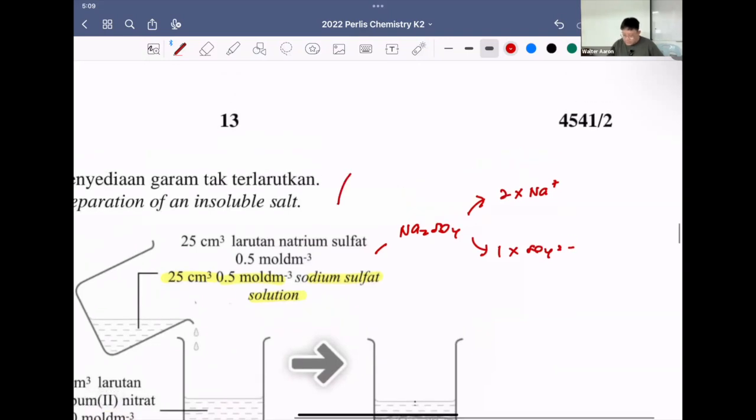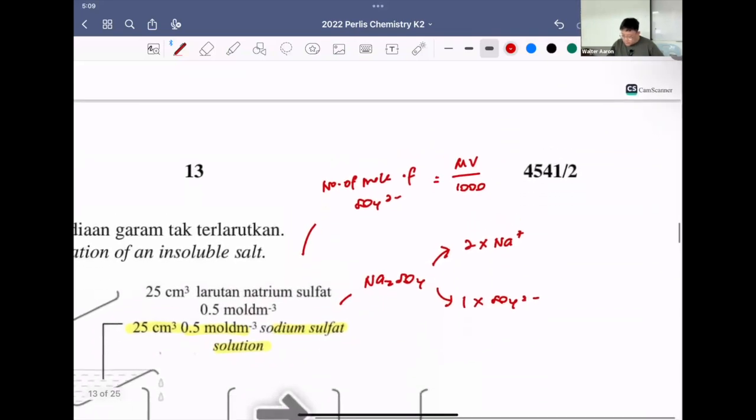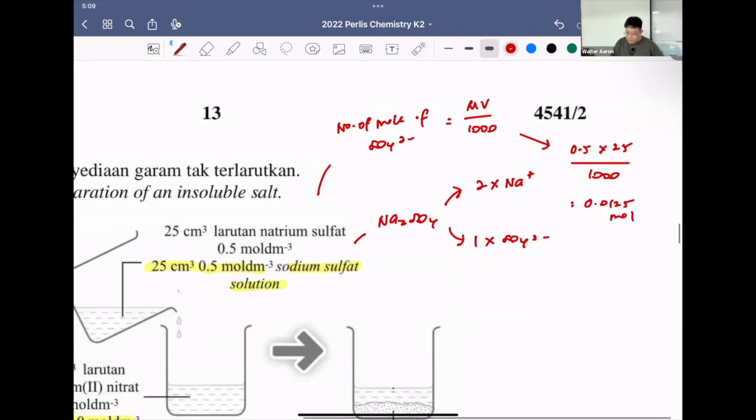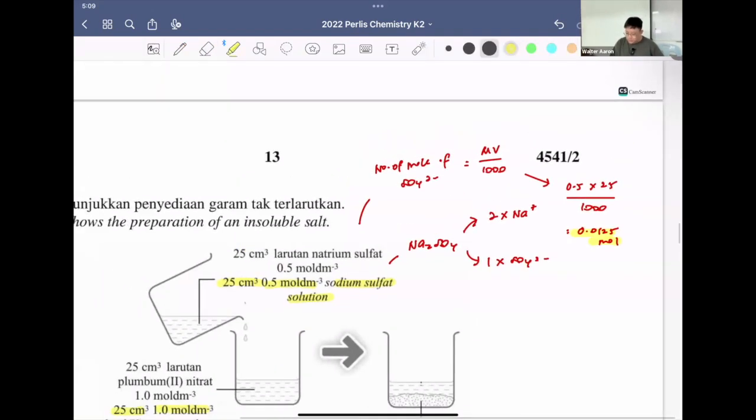To calculate number of mole of sulfate ion, it will be MV over 1000. So you get 0.5 multiplied by 25 divided by 1000, which gives 0.0125 mole of sulfate ions. This is your first part of the calculation.